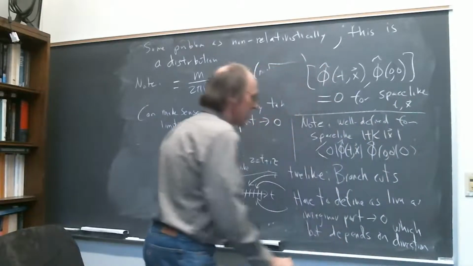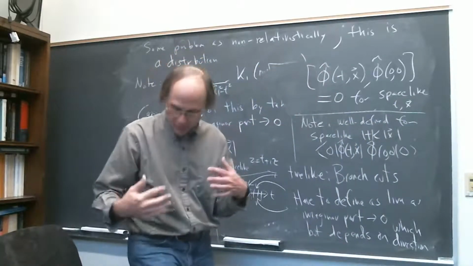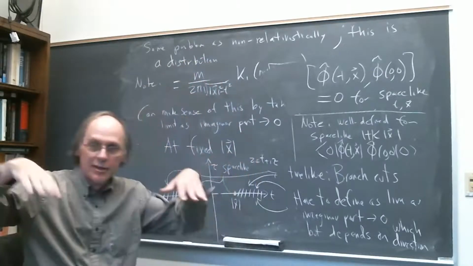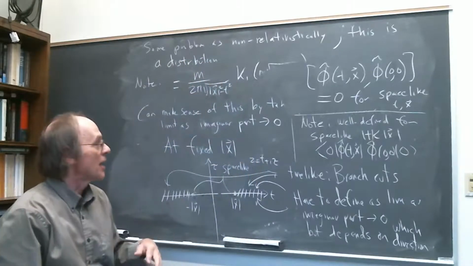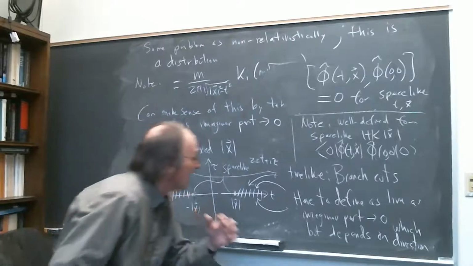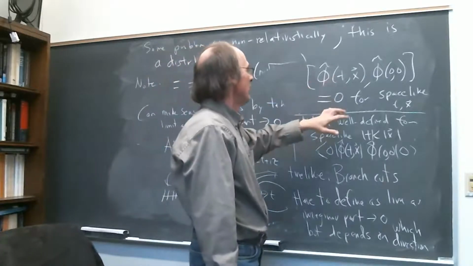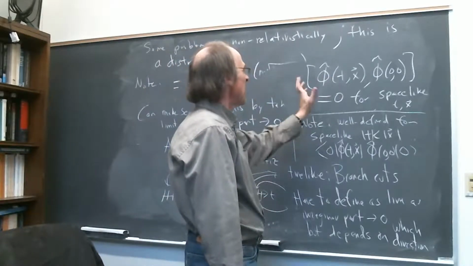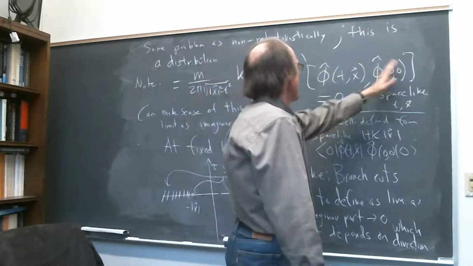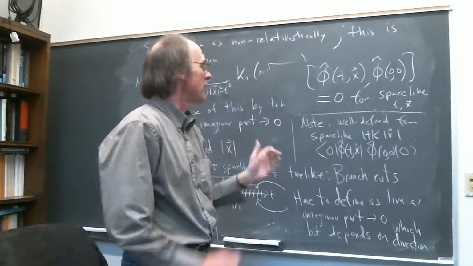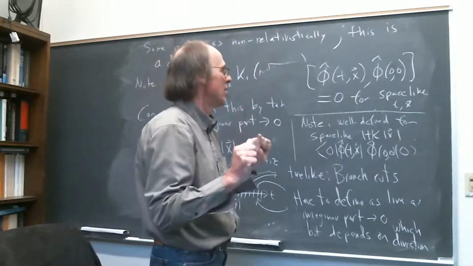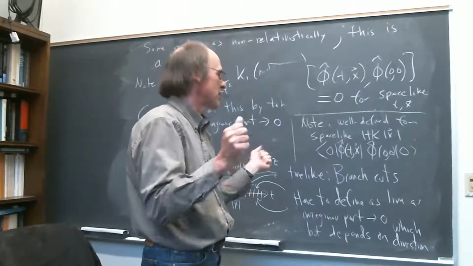And so if you think about what you would have to do to send a signal between these two points, you would need some non-zero commutation. The fact that these two things commute is the explanation.